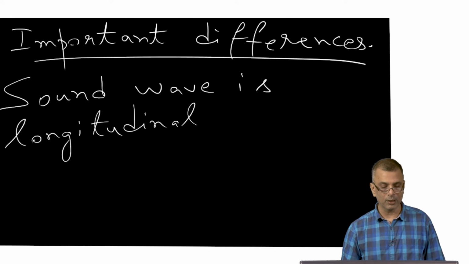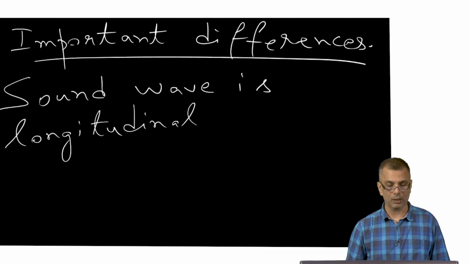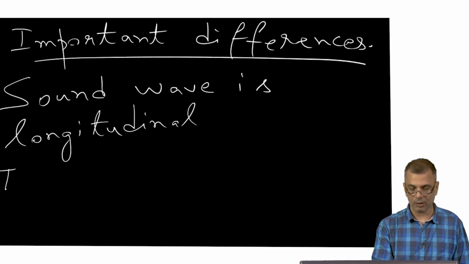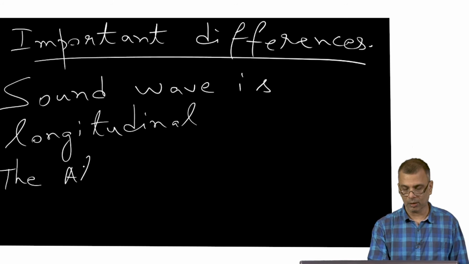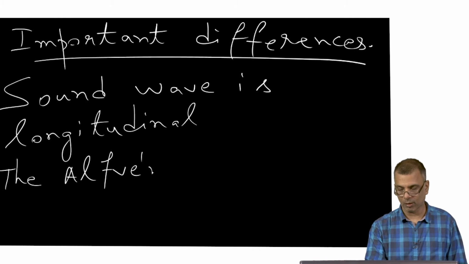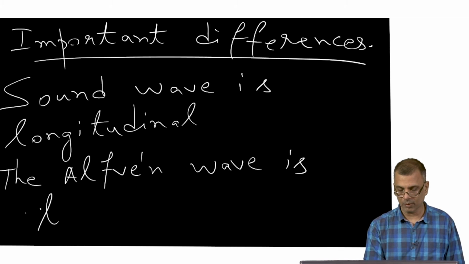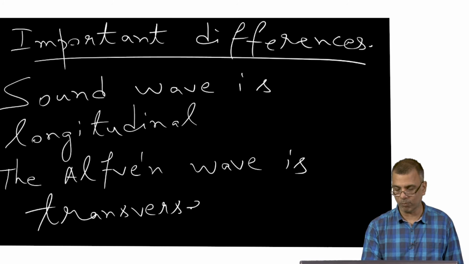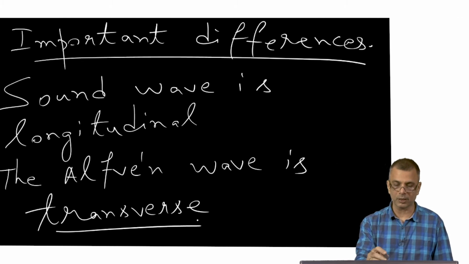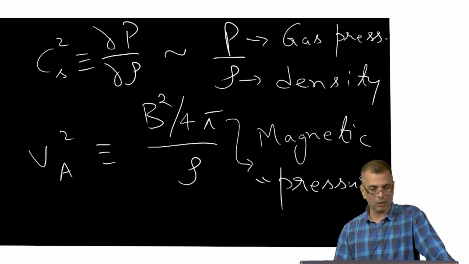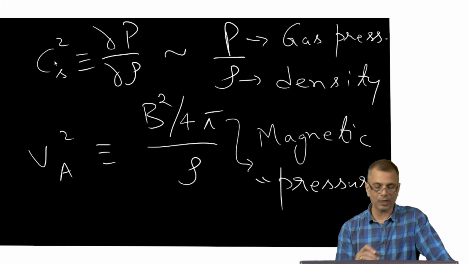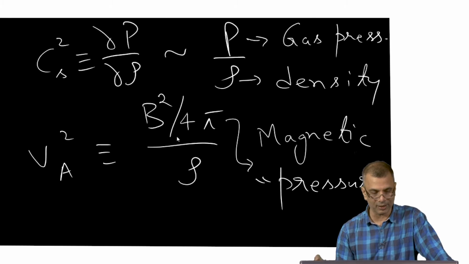So the Alfvén wave is transverse. So this is one very important difference between the sound wave and the Alfvén wave, although the expressions for the sound speed and the Alfvén speed look quite similar, simply with the magnetic pressure replacing the gas pressure.